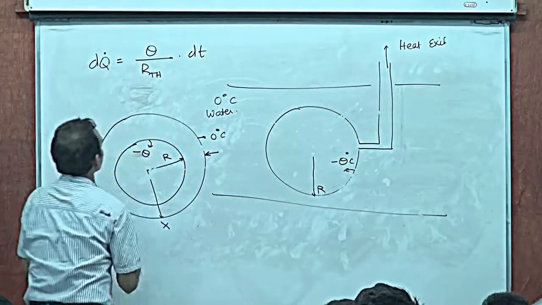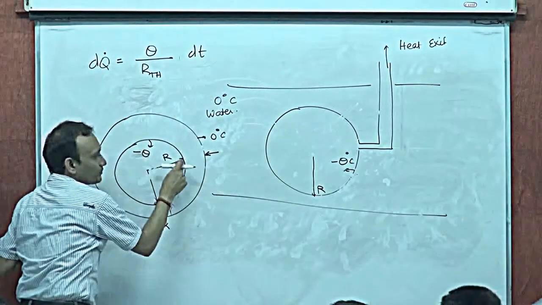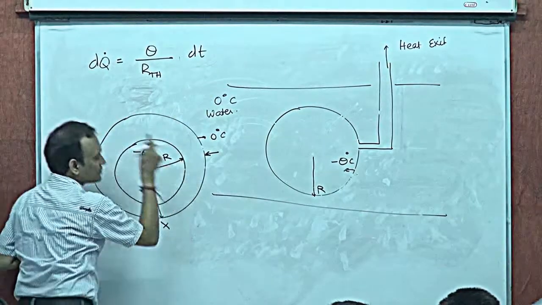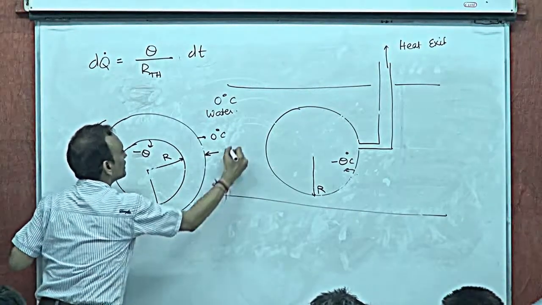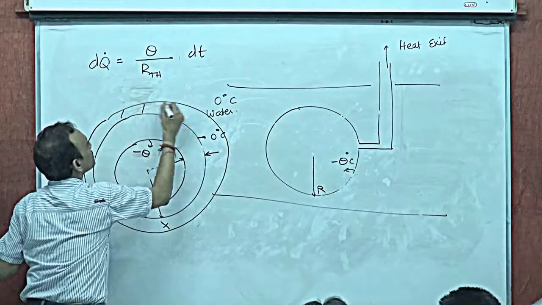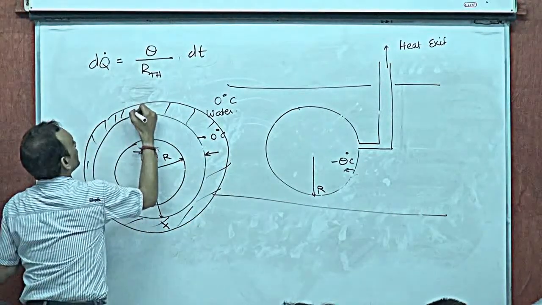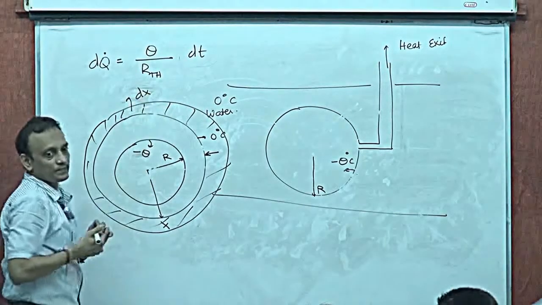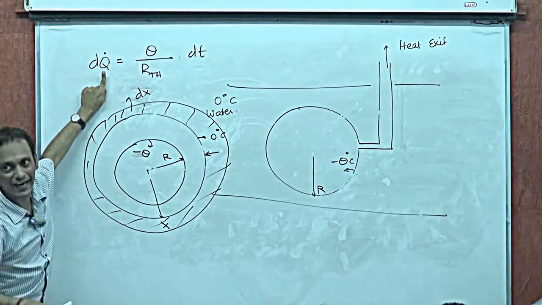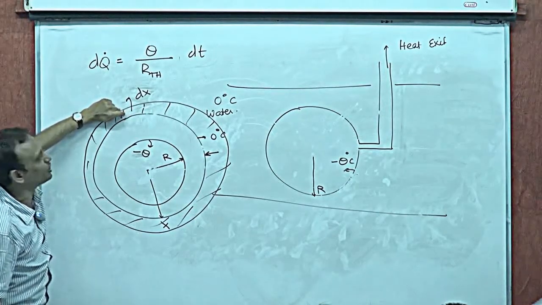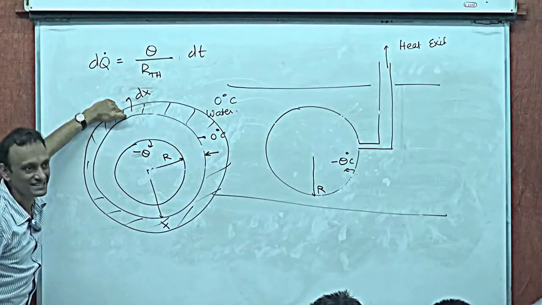So what really happens is, when this dq dot flows in time dt to the inner surface, we have a layer of ice of thickness dx that develops. An additional layer dx develops because this dq dot is obtained out of freezing this volume of water into ice. Yes or no?